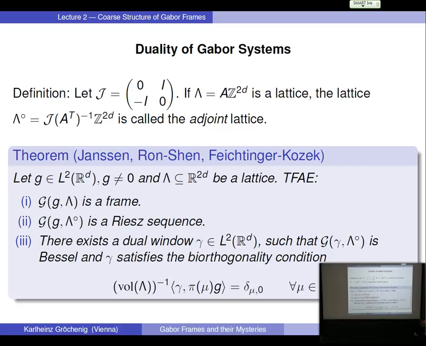Yesterday I showed you a proof outline for the equivalence of 1 and 3. The equivalence of 2 and 3 I'll indicate today. That's a formality. But in the equivalence between frame and biorthogonality condition, we saw the main ideas appearing, and the rest is sort of technical.